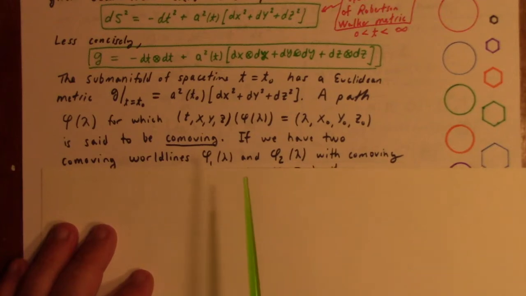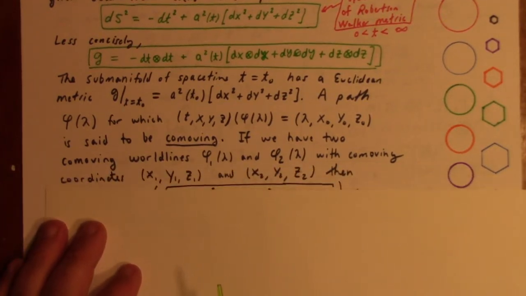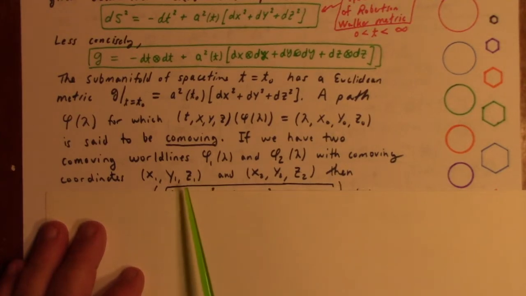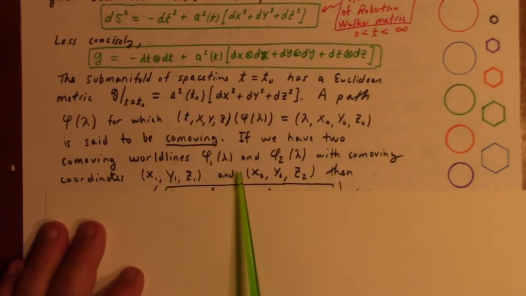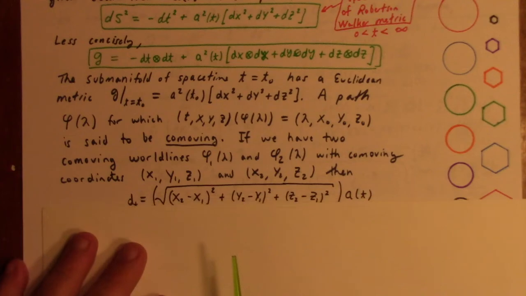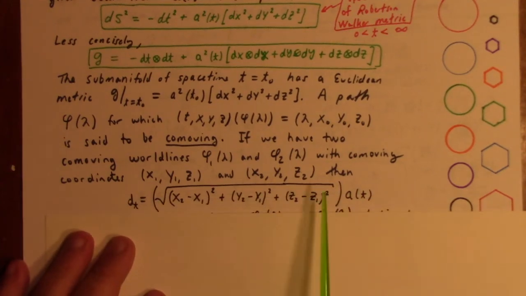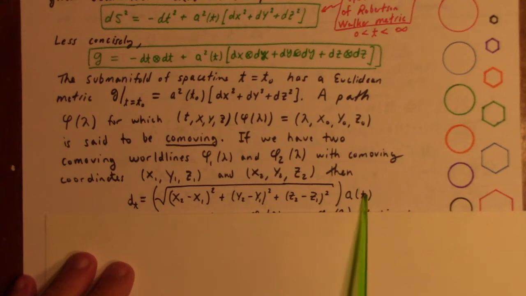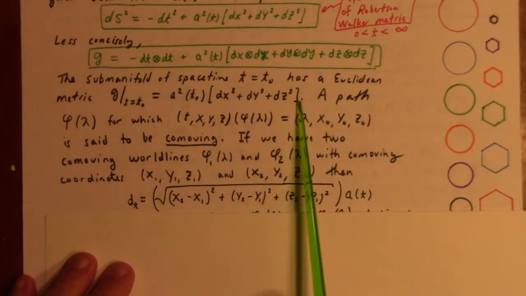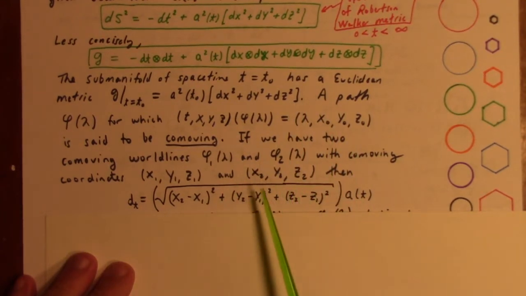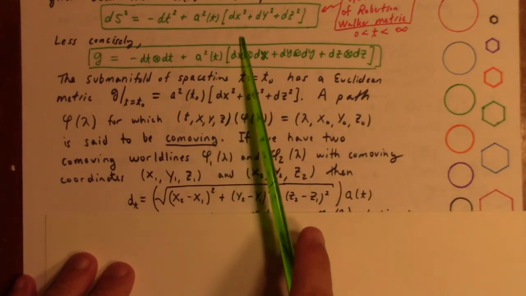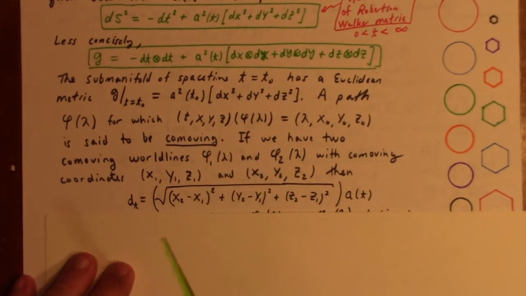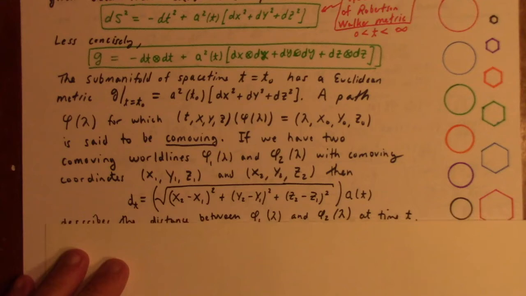And if you have two co-moving world lines, let's say phi 1 and phi 2, which are stuck at x1, y1, z1, and x2, y2, z2, then you can look at the distance between them at time t, and because for fixed time this is Euclidean space, it makes sense to look at this distance formula, I suppose, in some sense.